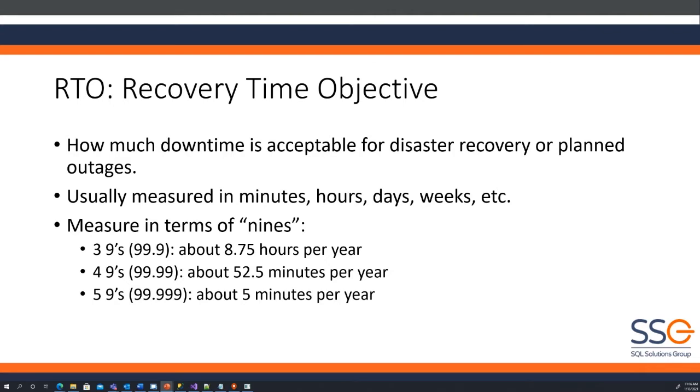Is it 24/365? Is it just 8 to 6 Monday through Friday? Are weekends important to you? This is what you decide: what is the recovery time to recover from a disaster? That's something you have to decide is best for your company for that SLA, right?